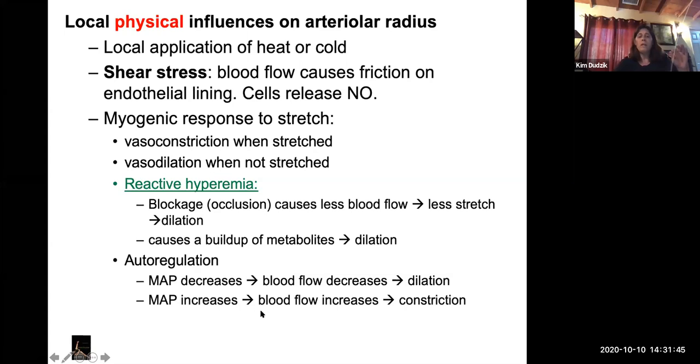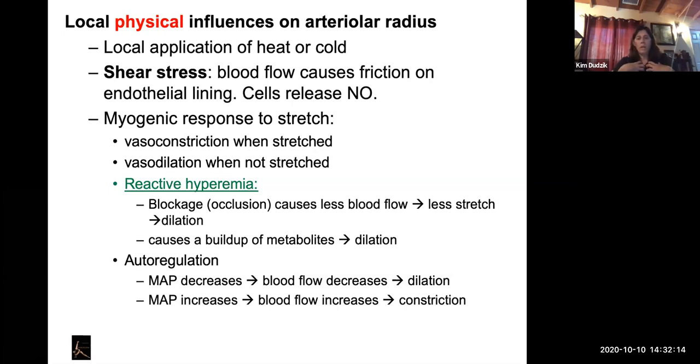So if mean arterial pressure increases, remember that's the perfusion of the blood to our organs, then the arterioles are going to constrict. Again, this is normally a quick short-term response to make that quick adjustment. Okay, and then the idea is we go back to homeostasis and our MAP will go back to normal.